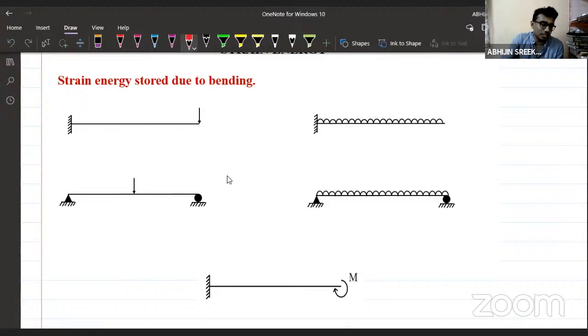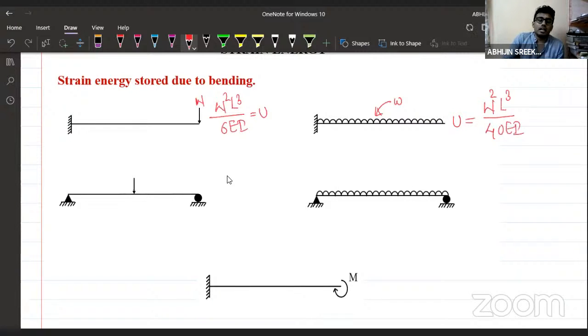What is the strain energy stored in this cantilever beam subjected to a point load here? What is the equation? If this is W, length of the member is L, it is W square L cube divided by 6EI will be the strain energy stored. And here, if the intensity is small w, it will be equal to capital W square L cube divided by 40 EI.